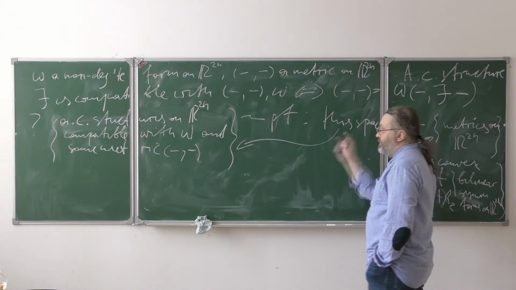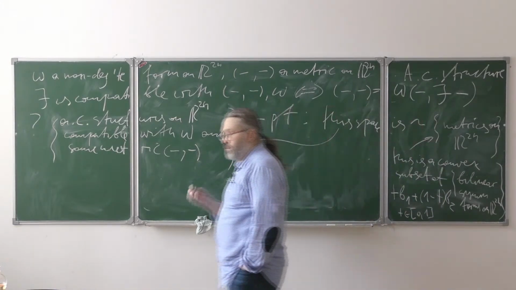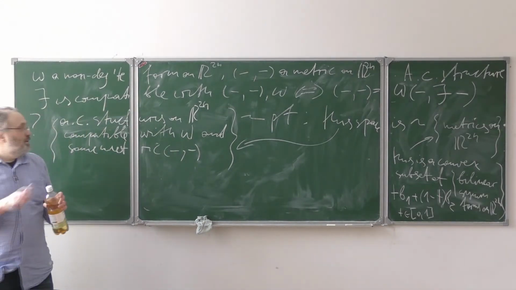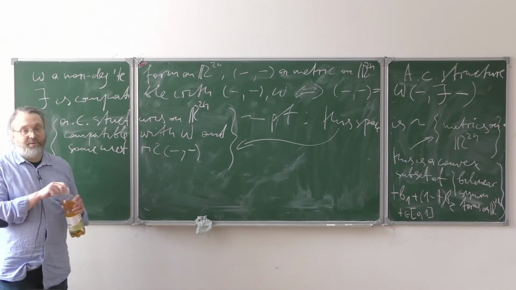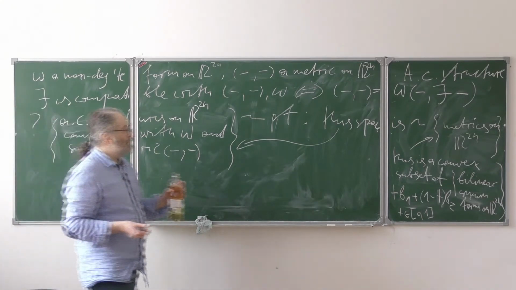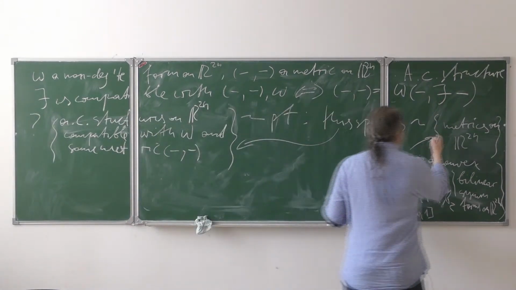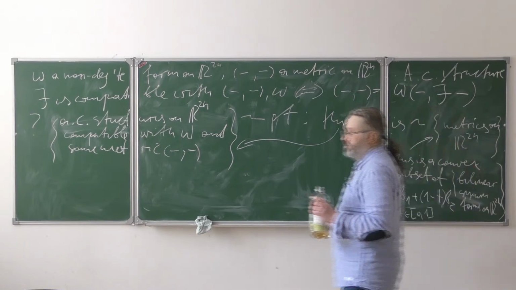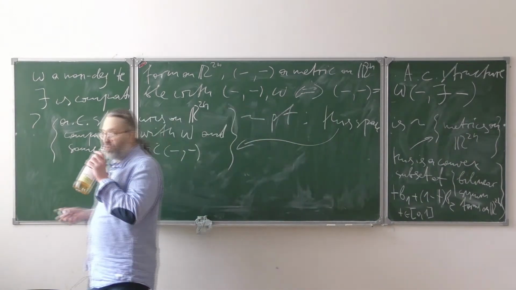Now, my claim is that these two spaces are homotopy equivalent, although they're not the same. Let me construct a deformation retraction from the space of all metrics to the space of almost complex structures.